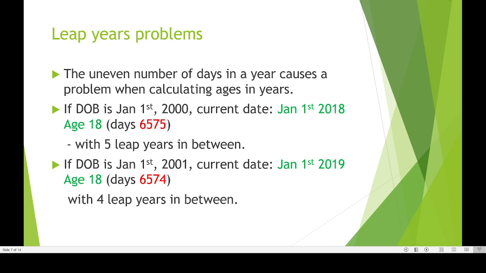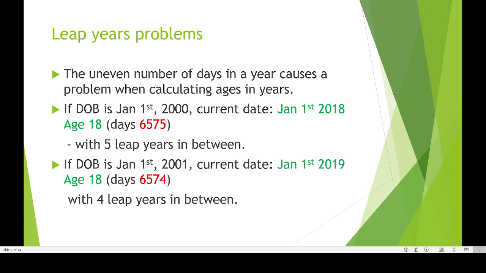For example, if date of birth is 1st January 2000 and current time is 1st January 2018, then this routine will display 18. Number of days in this case is 6575 and number of leap years in between is 5.